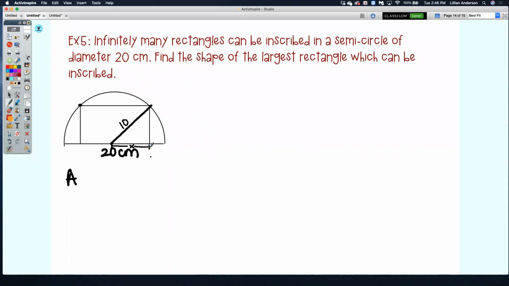On the outside. I think we can just do 20 minus X, and X would be the whole of the rectangle. 20 minus 2x, and that would be the length of the rectangle. Oh, I see. So this will be X, and then that will be whatever's left over. Interesting. Alright.